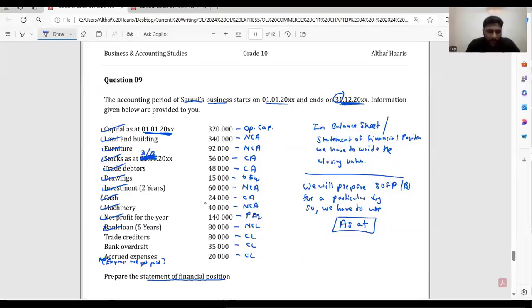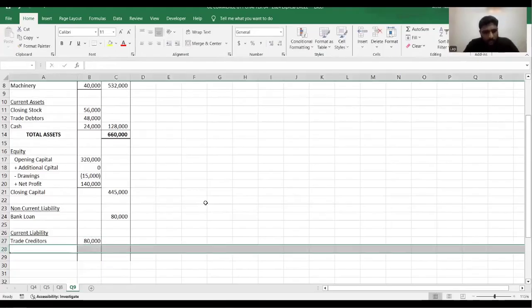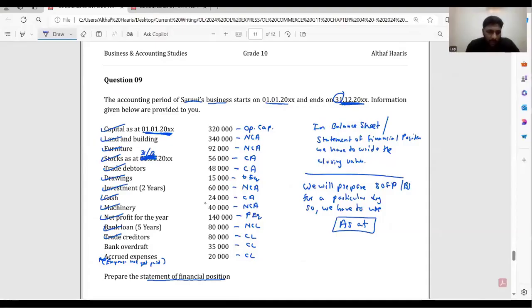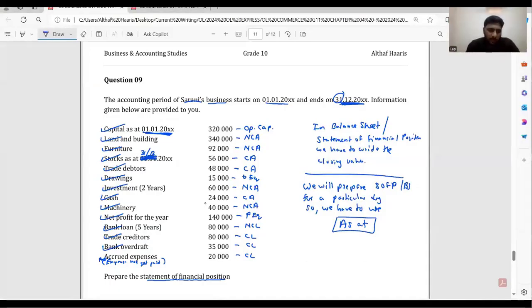We have trade creditors, 80,000. Then bank overdraft, 35,000. Then we have accrued expenses 20,000.